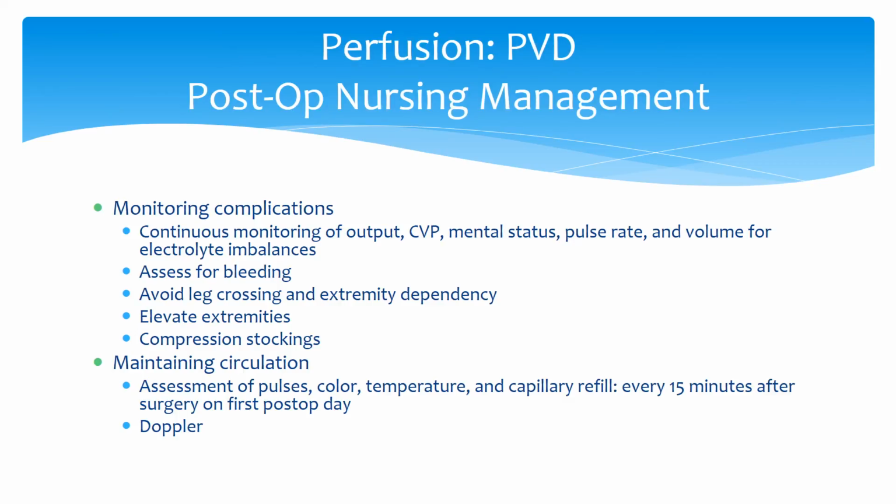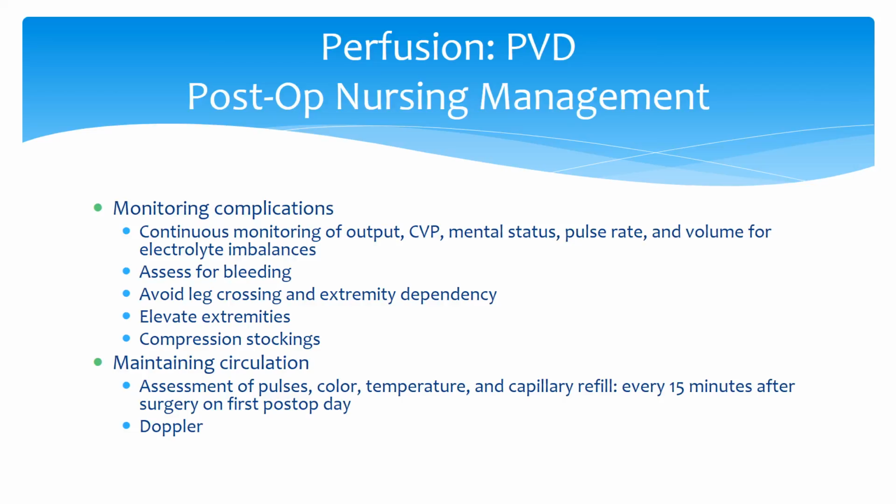So for post-op nursing management, if they get a graft, we want to make sure that we're monitoring their intake and output, and also their CVP, which is linked to fluid volume status. So we want to make sure that they're adequately hydrated, there are no changes in mental status, their pulse rate's normal, and there's no changes in their electrolytes. We want to check for bleeding because they are on anticoagulants.